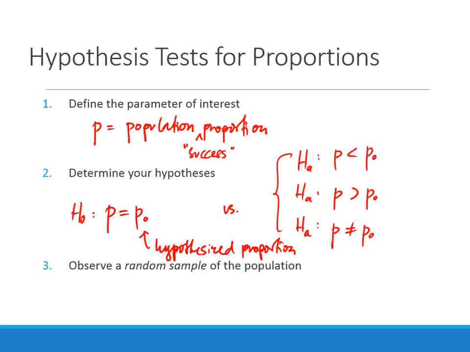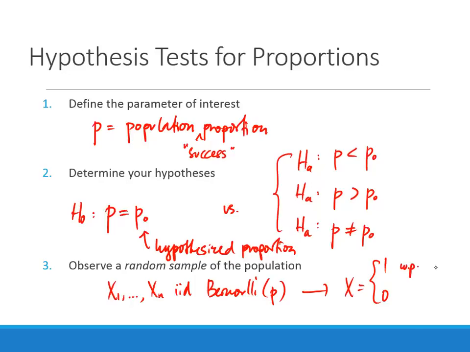Okay, and so then I'm going to observe my random sample. Abusing notation a little bit here, but my random sample is from a Bernoulli distribution with parameter p, which means that x either equals 1 or 0, with probability p and with probability 1 minus p.